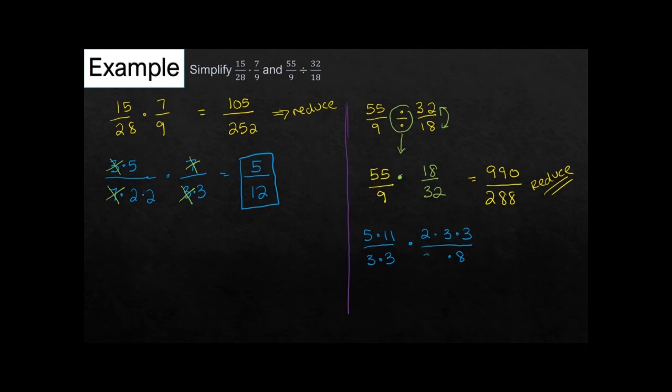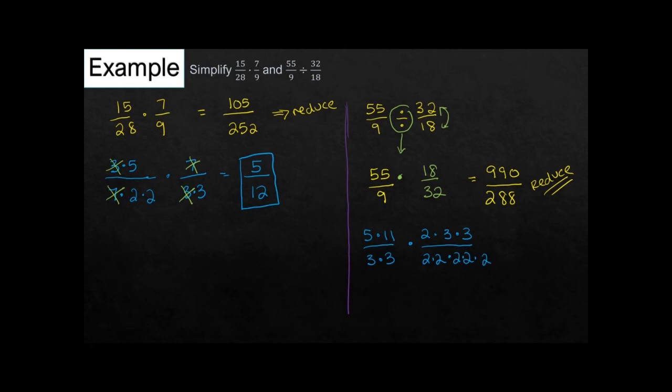So I can split 4 as 2 times 2. And normally I'd make a whole tree like I did on the previous slide, but I don't have a lot of room here. So I'm just kind of doing it as I go. But 8 is 4 times 2. And then I can split that 4 up as 2 times 2. So I've got lots of 2's there.